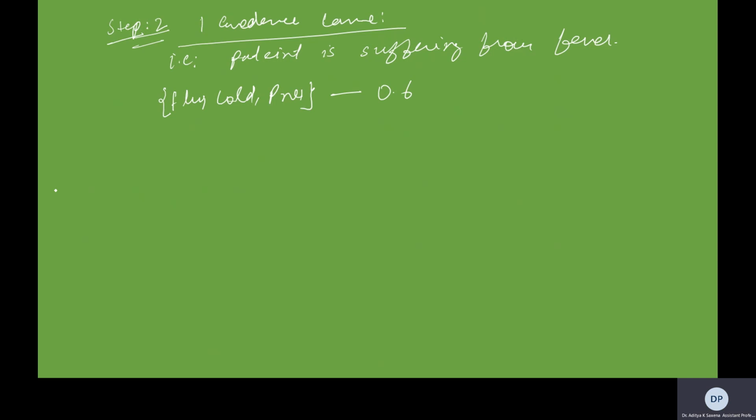What does it mean? This will be given to you in the question. The doctor has the belief that after seeing evidence 1, 0.6 is the belief that the diagnosis will lie in flu, cold or pneumonia, and the remaining 0.4 is the belief that it will lie in the rest of the cases.